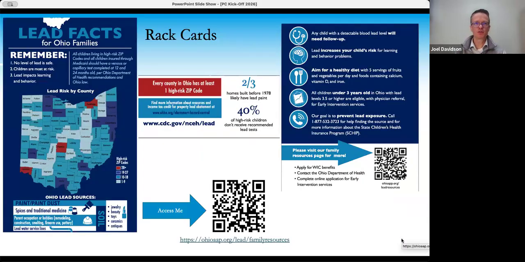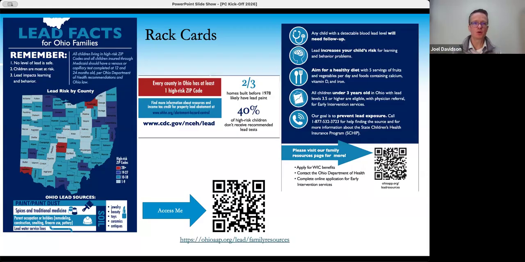The next resource that we have to share with you are rack cards. These are about a third of a page each, with a front and a back, and we've shown you what the current rack card looks like here. It's visually appealing while also incorporating different elements of anticipatory guidance around lead. The front shows the whole state of Ohio, and which counties are at higher risk.